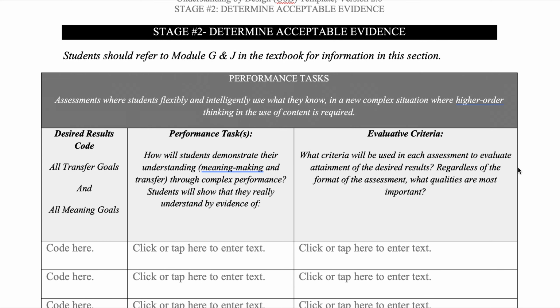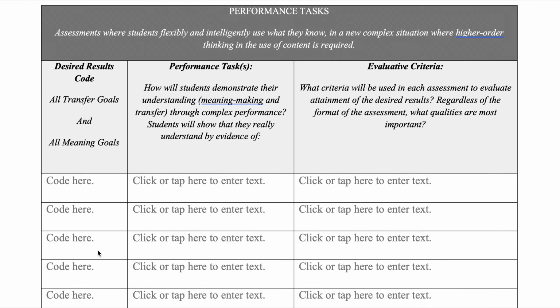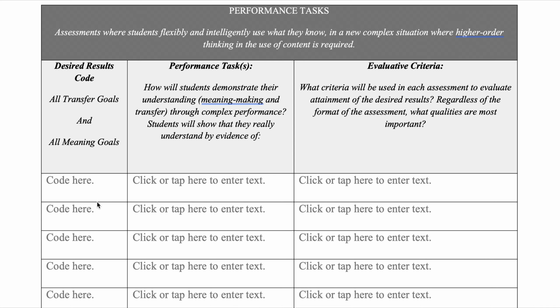In this one, the first part is basically performance tasks, and on the left side of the grid you will be putting the code for all the transfer goals and all the meaning goals. The next one is your performance tasks.